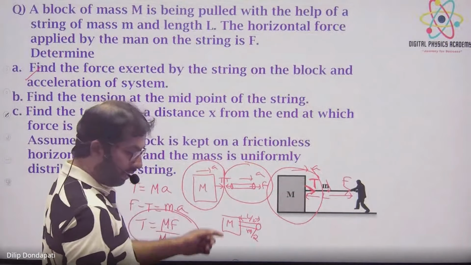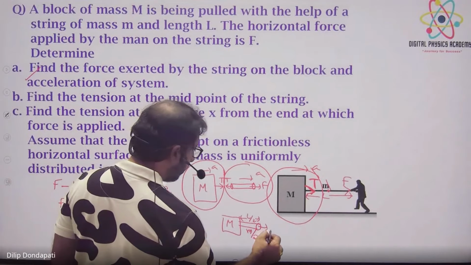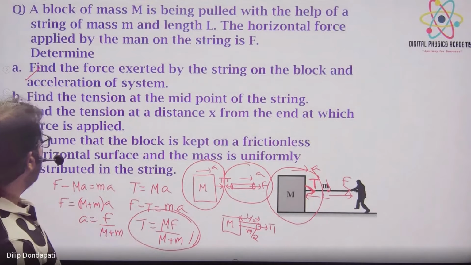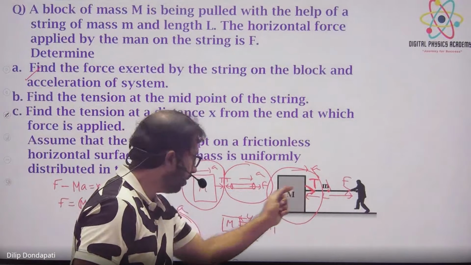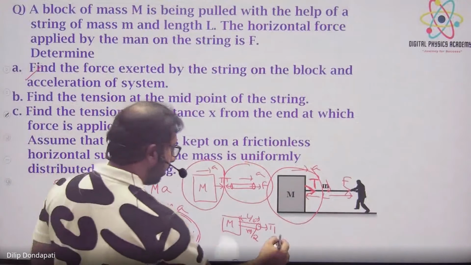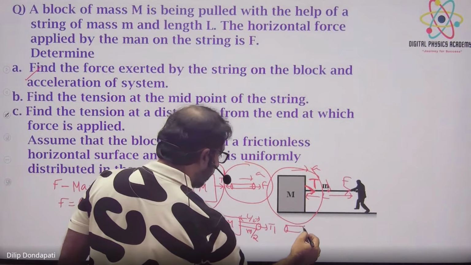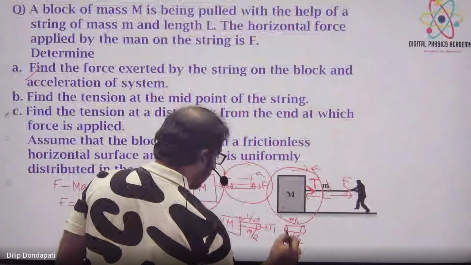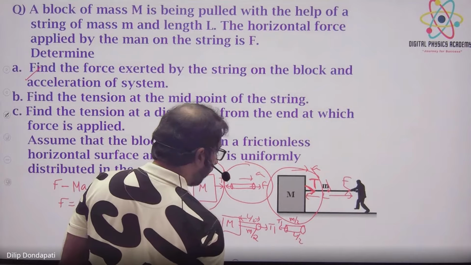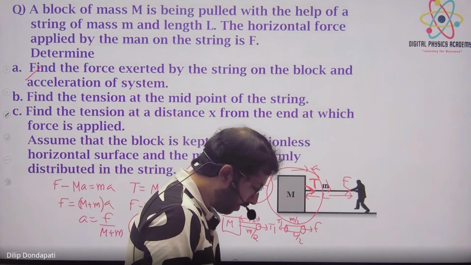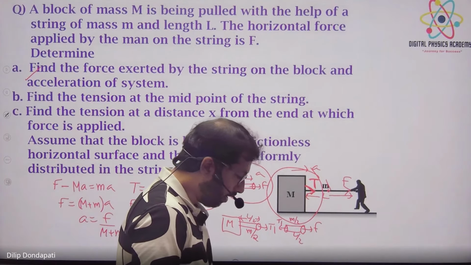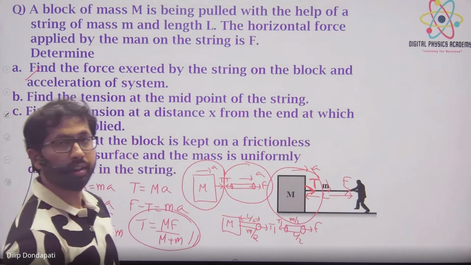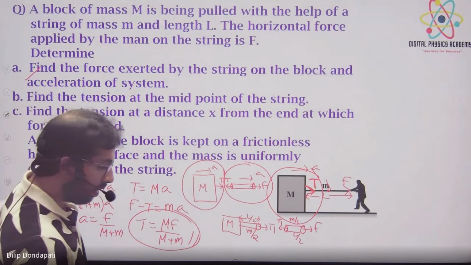And on it there is tension T1, like this. When cut in the middle, there is force T1 here too. And the remaining length has mass also m by 2 and length l by 2, with tension T1. I'm applying a force F. Then you should find T1 in terms of F. I want the answer in terms of capital M, small m and F.